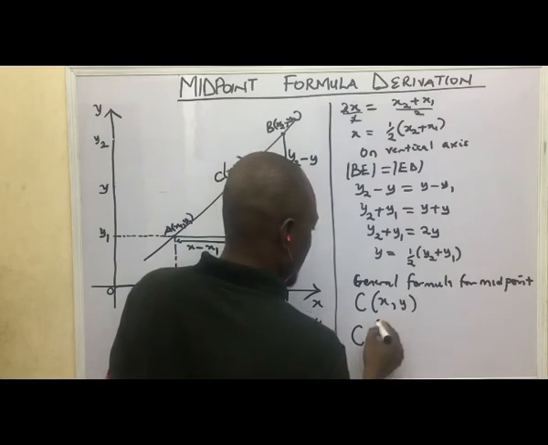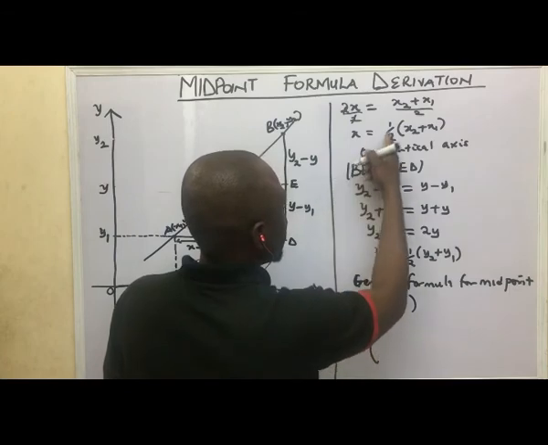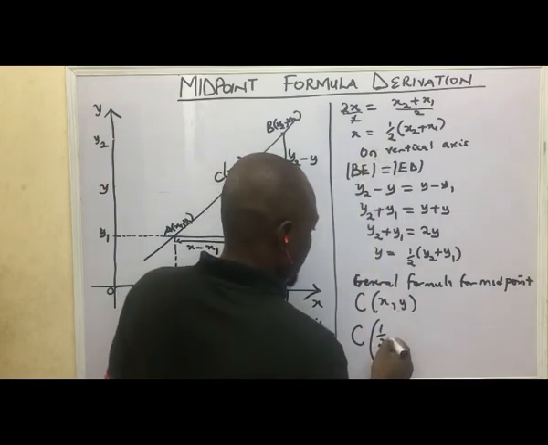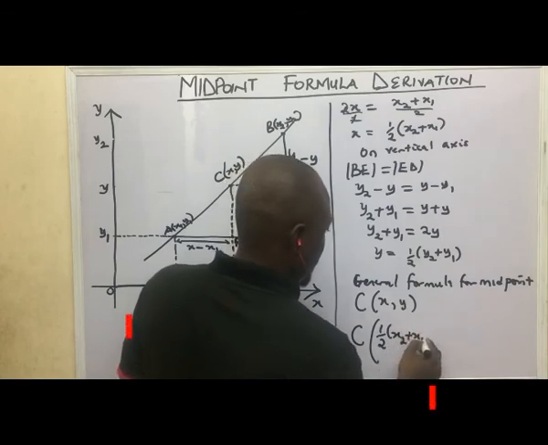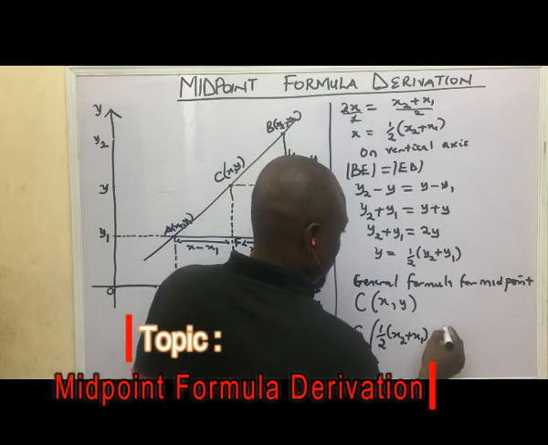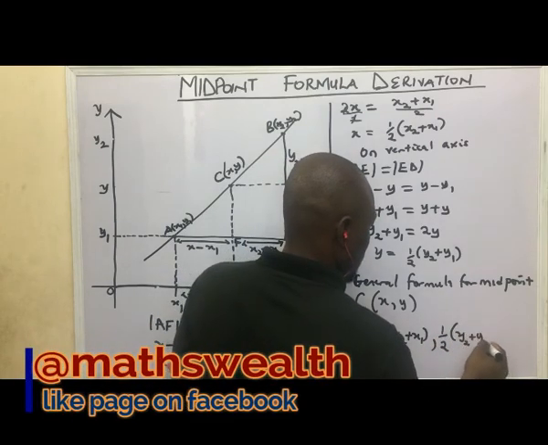So therefore C will be 1/2 of x of 2 plus x of 1, comma, 1/2 of y sub 2 plus y sub 1.